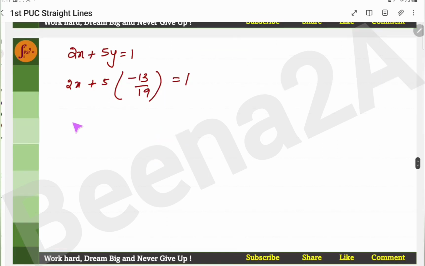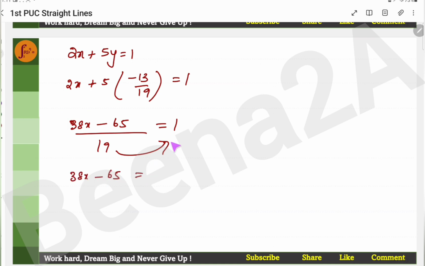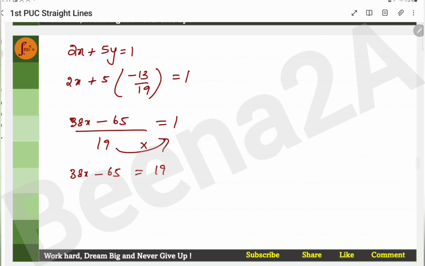So now this will be nothing but, I'll take LCM 19. So it will be 19 into 2, which is 38x, plus 5 into 13 is minus 65, is equal to 1. I'll take 19 here. So we'll get 38x minus 65. This will become 1 into 19, which is 19.